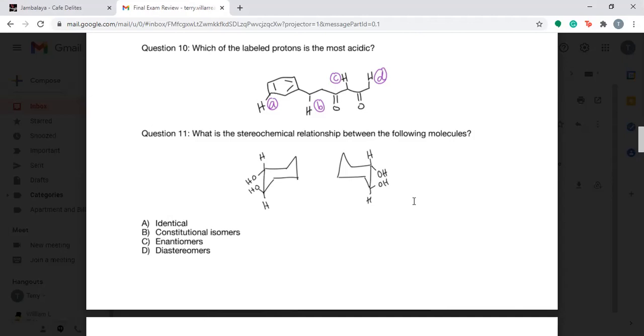Okay, Maggie says C. And the correct answer is going to be C. Any reason why?